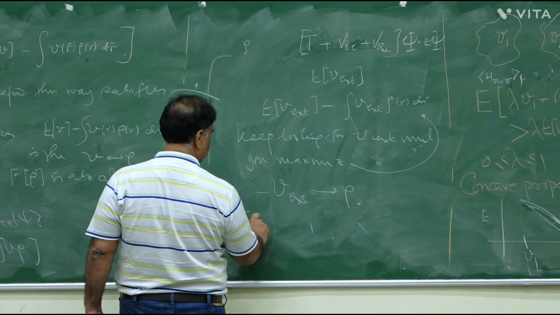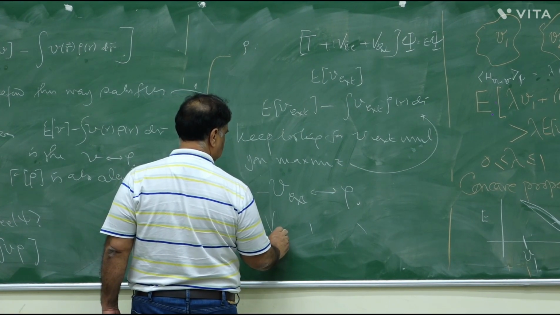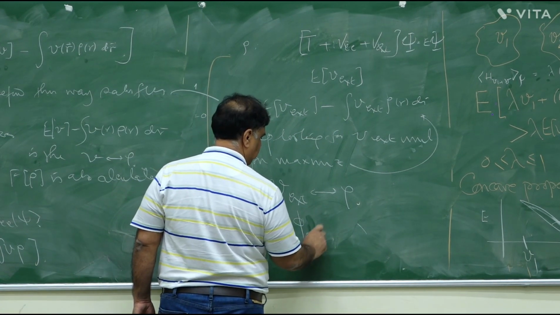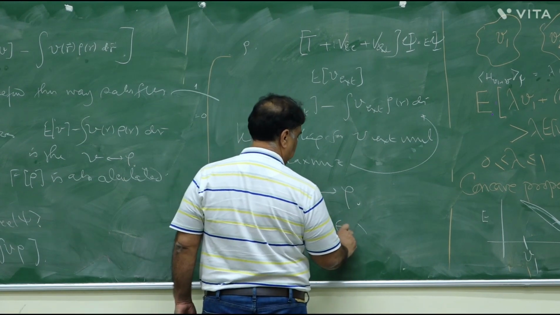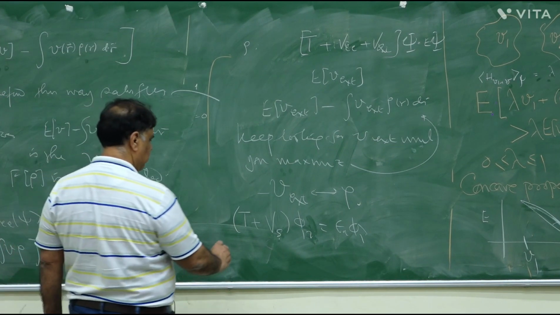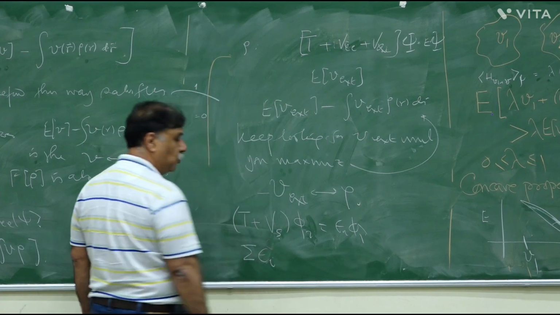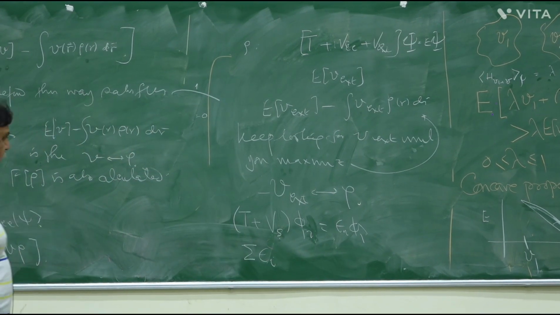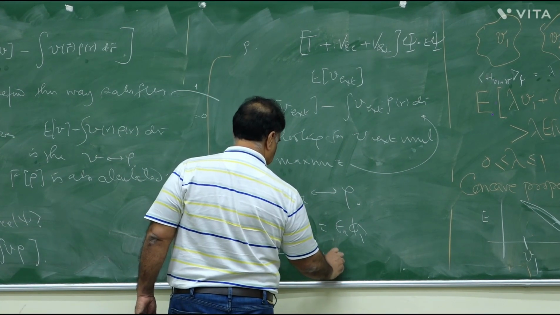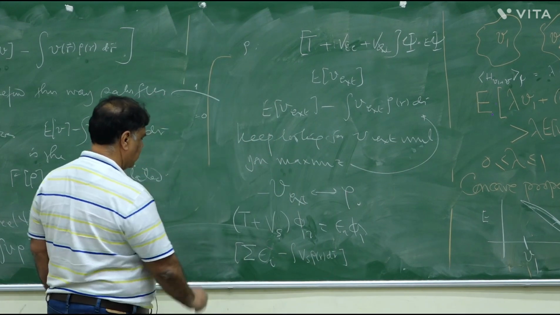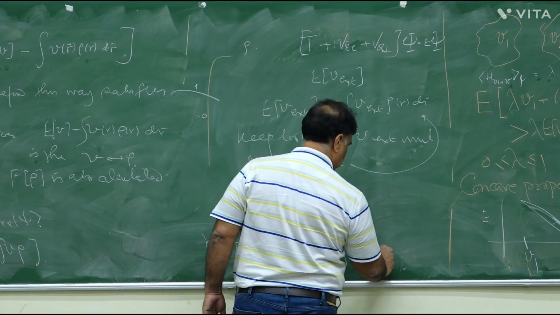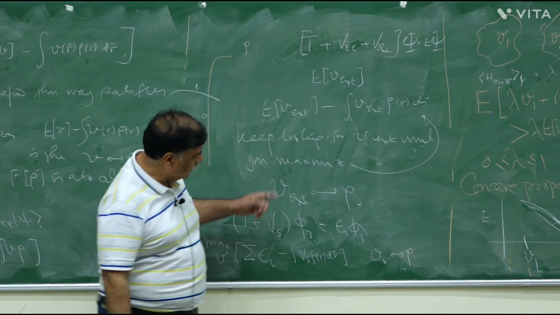For Kohn-Sham, solve [p² + V_S] φ_i = ε_i φ_i. Calculate the summation of ε_i, which is the Kohn-Sham energy that I told you yesterday, minus the integral of V_S ρ(r) dr, and maximize with respect to V. So that V_S corresponds to the Kohn-Sham potential if you solve for the non-interacting system.